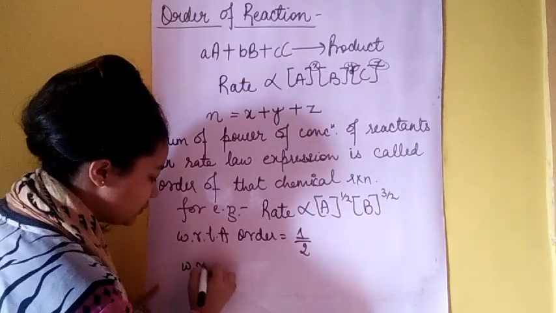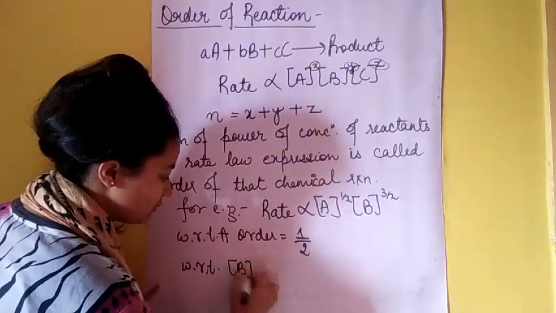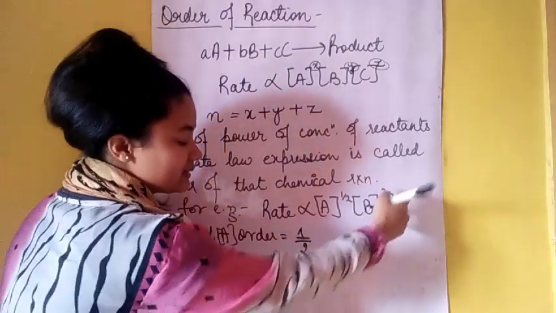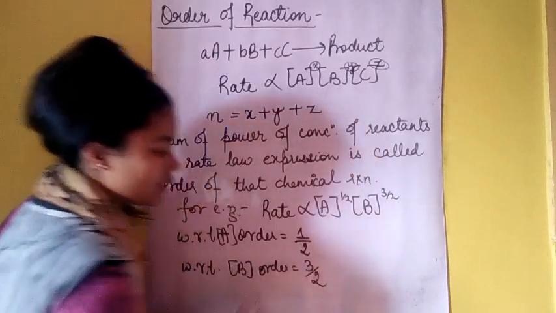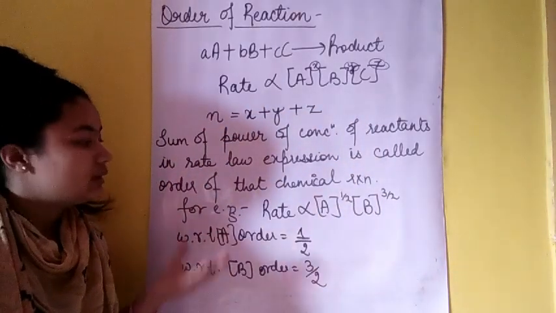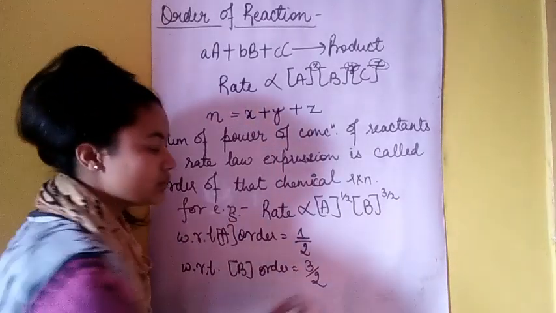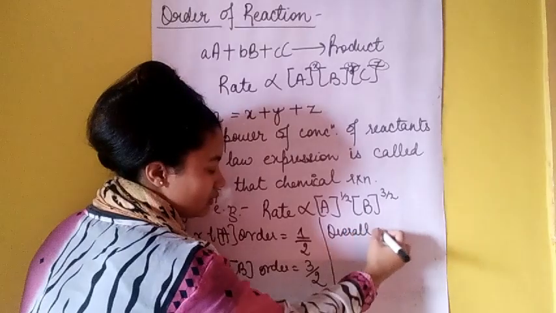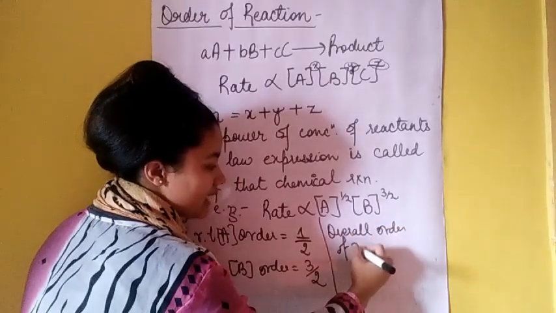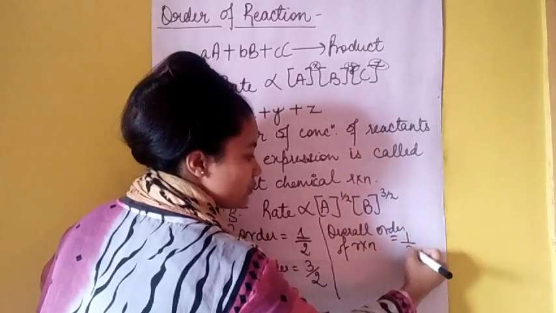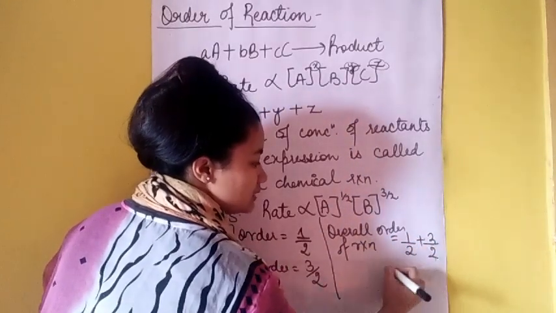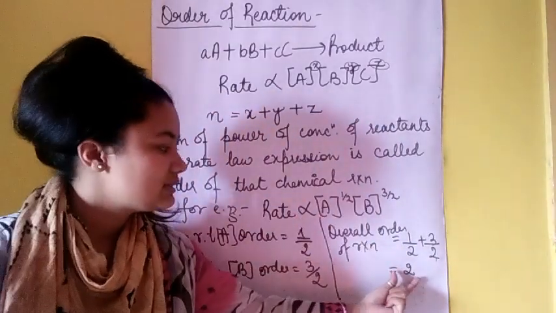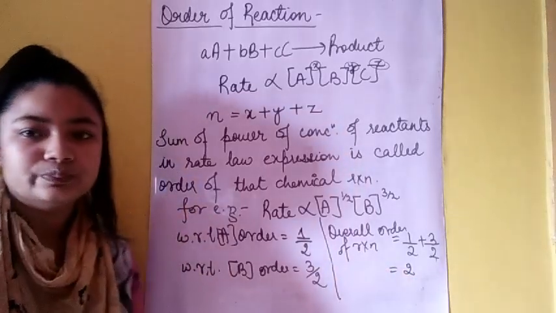Now with respect to the concentration B, its power is 3 by 2, that means 3 by 2. Now what is the overall order of the reaction? So what we will do, we will add these two. That means overall order of reaction is equal to 1 by 2 plus 3 by 2, that will come out to be 4 by 2 and it comes out to be 2. So now order of the reaction is 2, right?